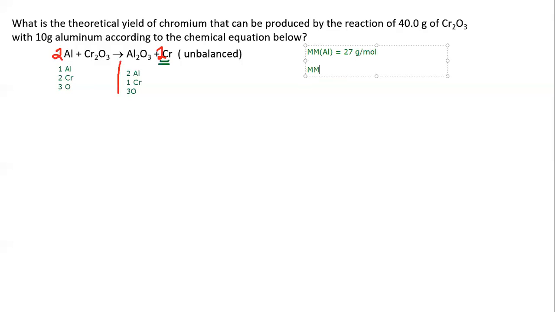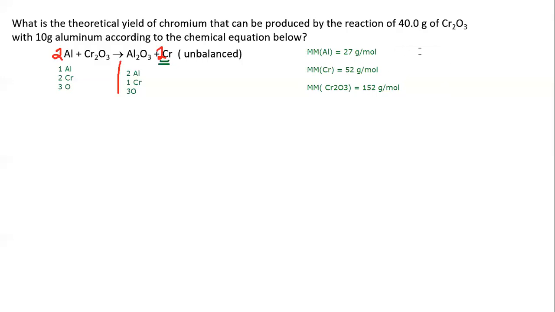Molar mass of chromium, 52 grams per mole, and then the molar mass of chromium 3 oxide, 152 grams per mole. So these are the molar masses of the reactants and products.